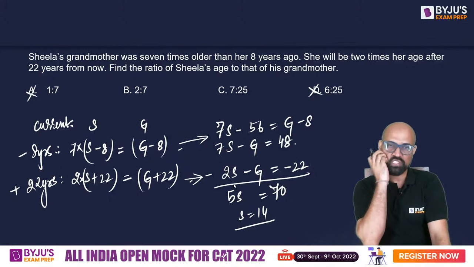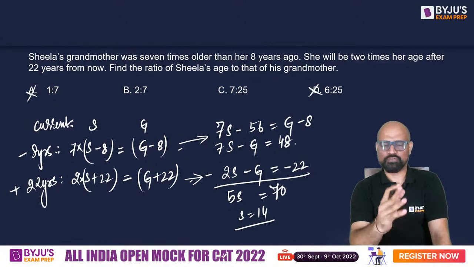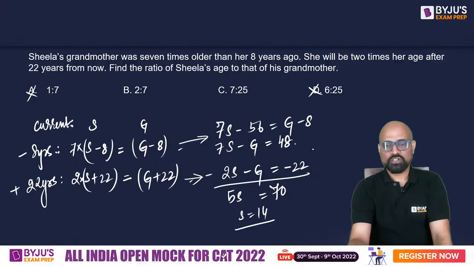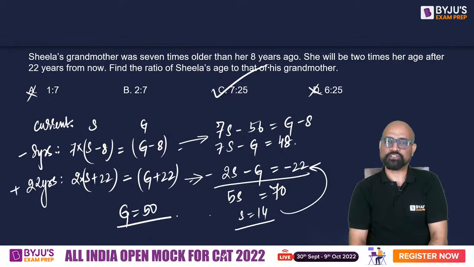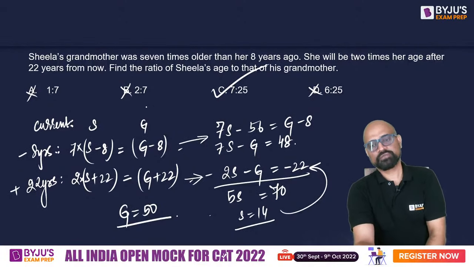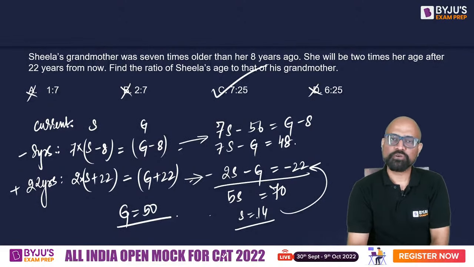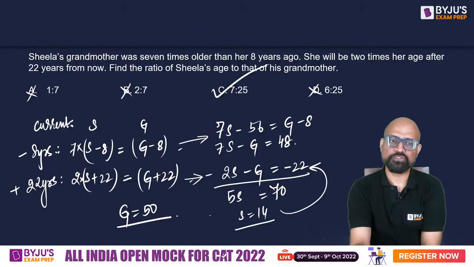Sorry, 25 ka double, 50. So if you put this value here, you will get the age of grandmother to be 50. So 14 and 50, they are in the ratio of 7:25. So B bhi nahi hona tha. Anyways, the moment you get Sheila's age to be 14, 14 will simplify to give you a 10 or a 7 only, right?